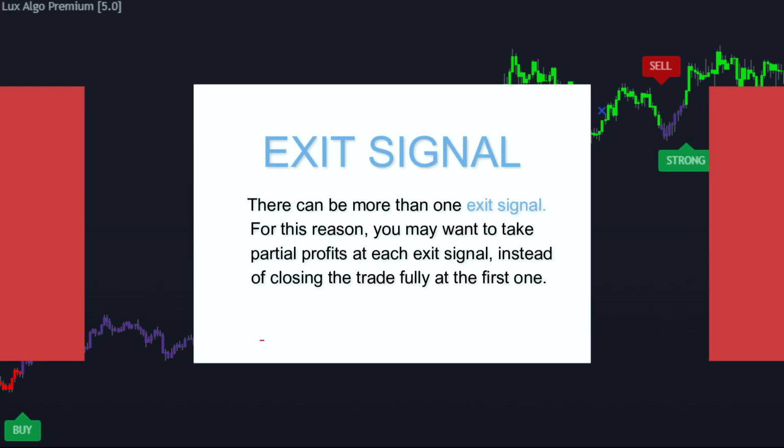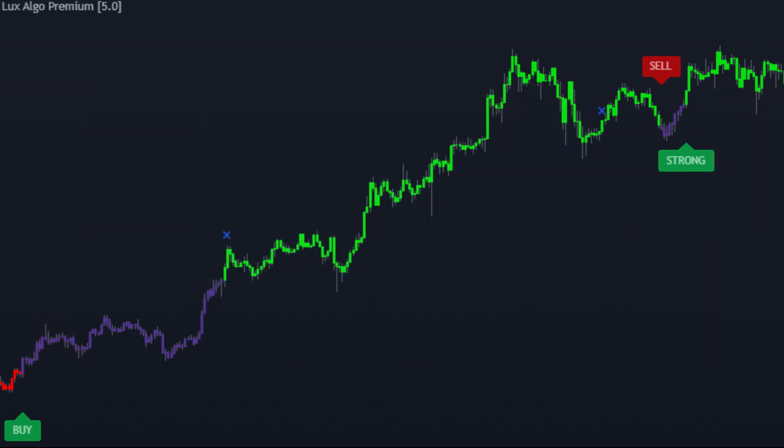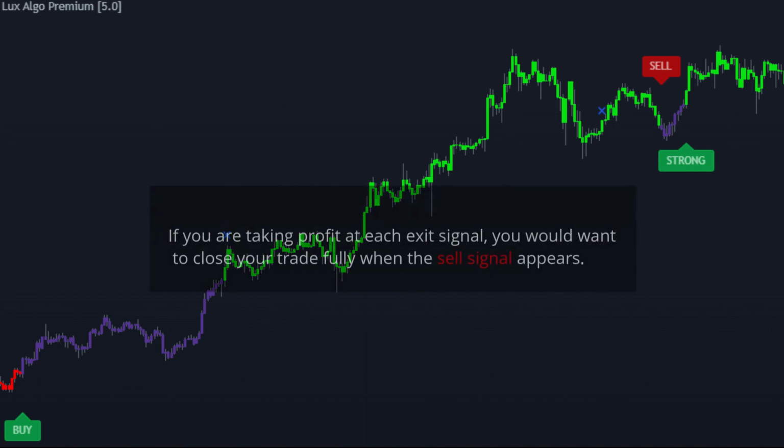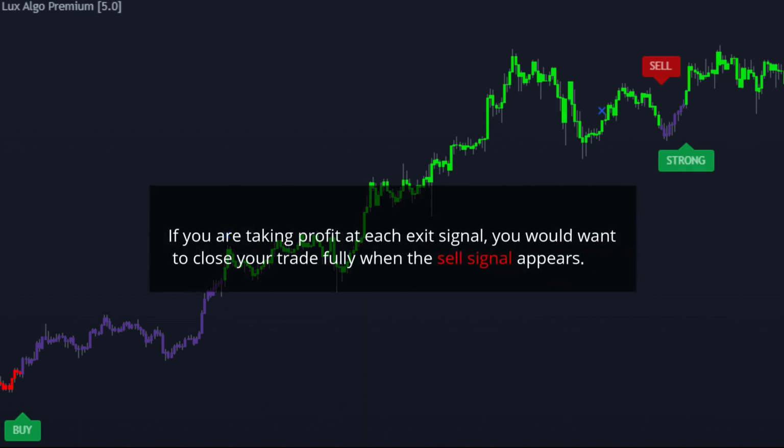For this reason, you may want to take partial profits at each exit signal, instead of closing the trade fully at the first one. Remember, if an exit signal appears, they always follow a confirmation signal with a win. If you are taking profit at each exit signal, you would want to close your trade fully when the sell signal appears.